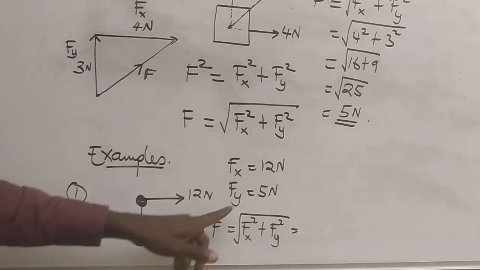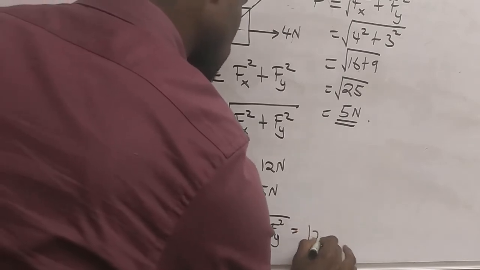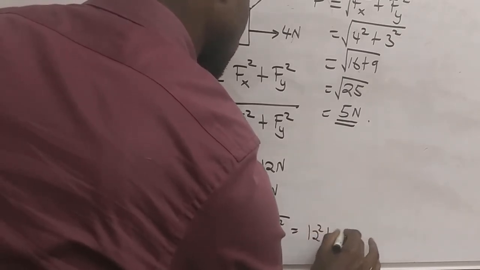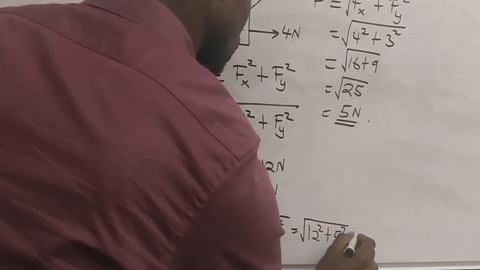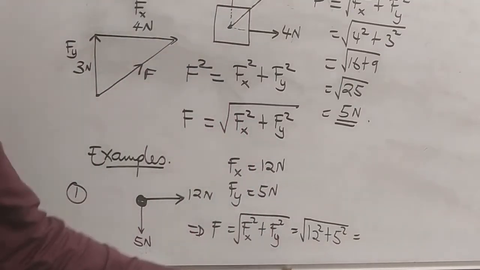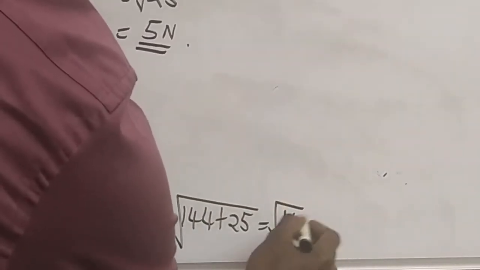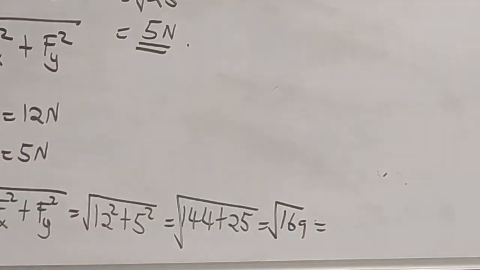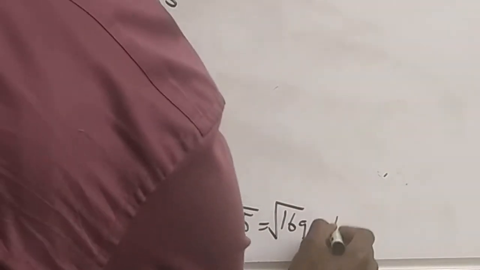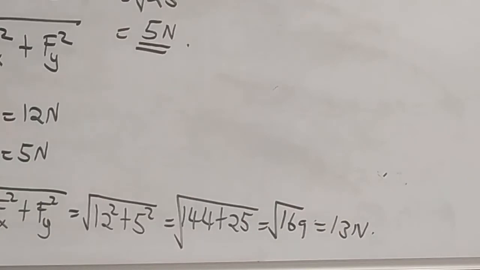So this is 12 squared plus 5 squared under root, 144 plus 25 under square root, which gives us 169 under root. Two values, positive and negative, of 13. We take 13 newtons. So the resultant force is 13 newtons. So those are the basic cases.